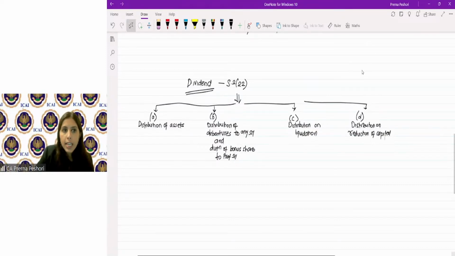So 2(22)(a) is distribution of the assets. 2(22)(b) is the distribution of debentures to the shareholders and bonus to the preference shareholders. 2(22)(c) is distribution of assets on the liquidation. 2(22)(d) is distribution on reduction of the capital. Are we clear?